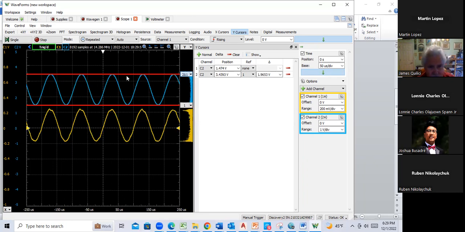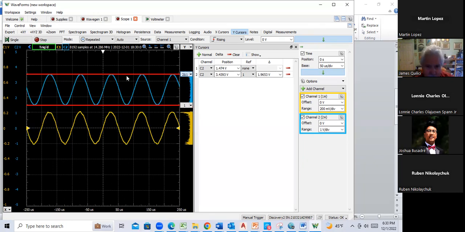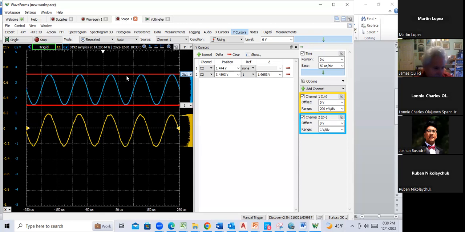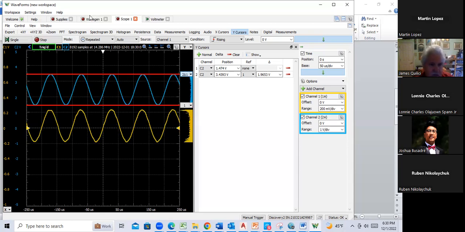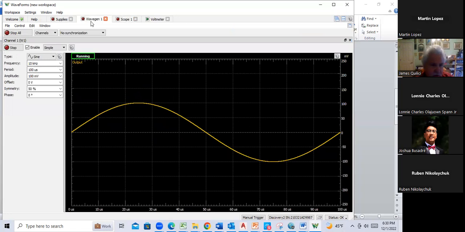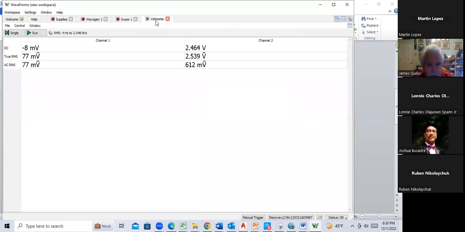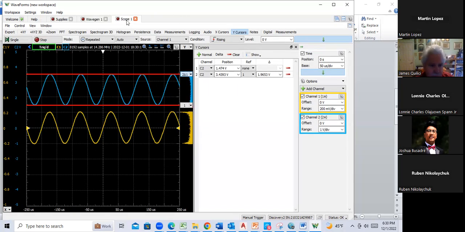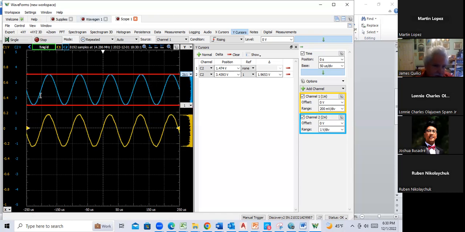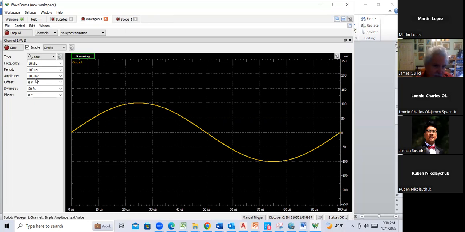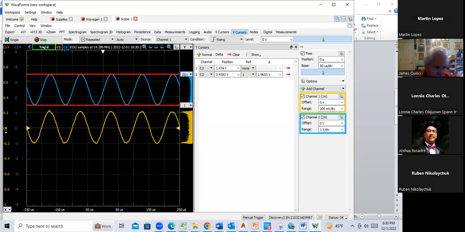My amplitude, let's see. Look at wave gen here. I'm a little confused by this because right now it says my wave gen should be 100 millivolts peak, and then on the scope it's 0.2 or 200 millivolts peak.